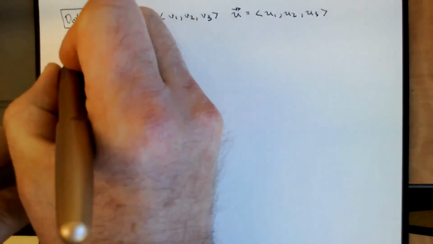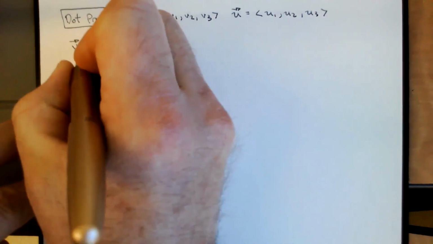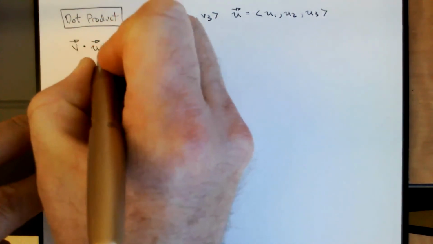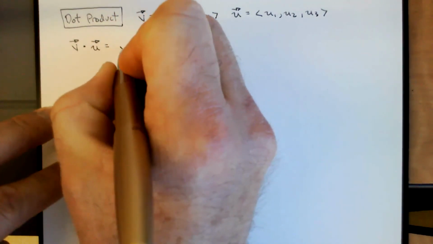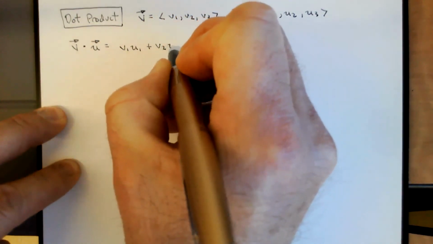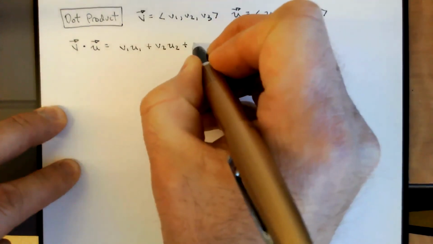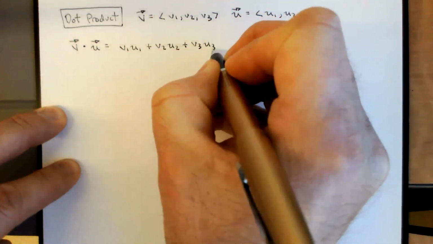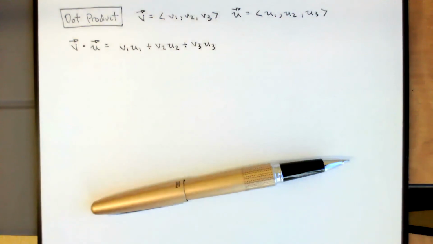So the dot product, V dot U, is V1 times U1 plus V2 U2 plus V3 U3. Notice that this is going to be a scalar.